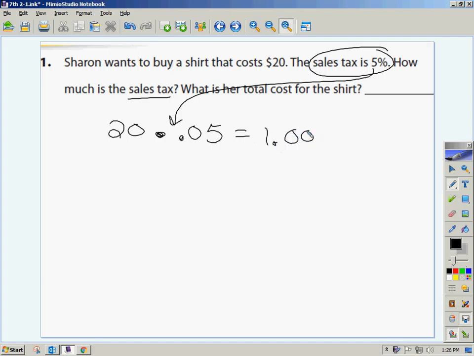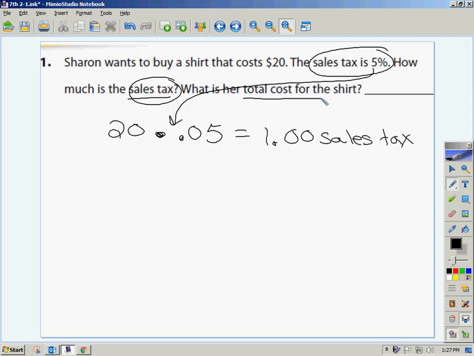And remember, this is in dollars and cents, so we want to think of it that way. This is $1. That's how much tax is on a $20 item at 5% tax. So this is the answer to the first question. The second question says what? Total cost.